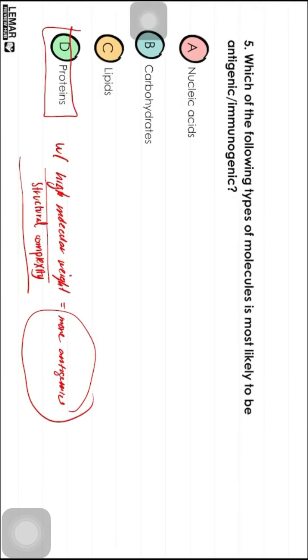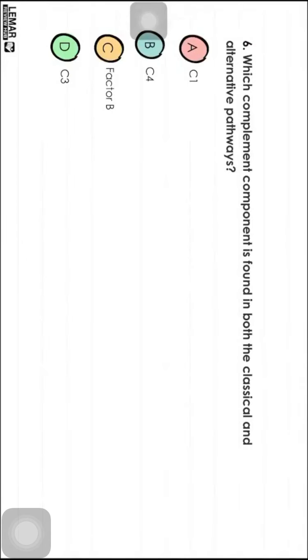Nucleic acids are not generally antigenic. They are poor antigens because of their relative simplicity, molecular flexibility, and rapid degradability. Madaling masira ang nucleic acid. So for number 5, the answer is letter D, proteins.